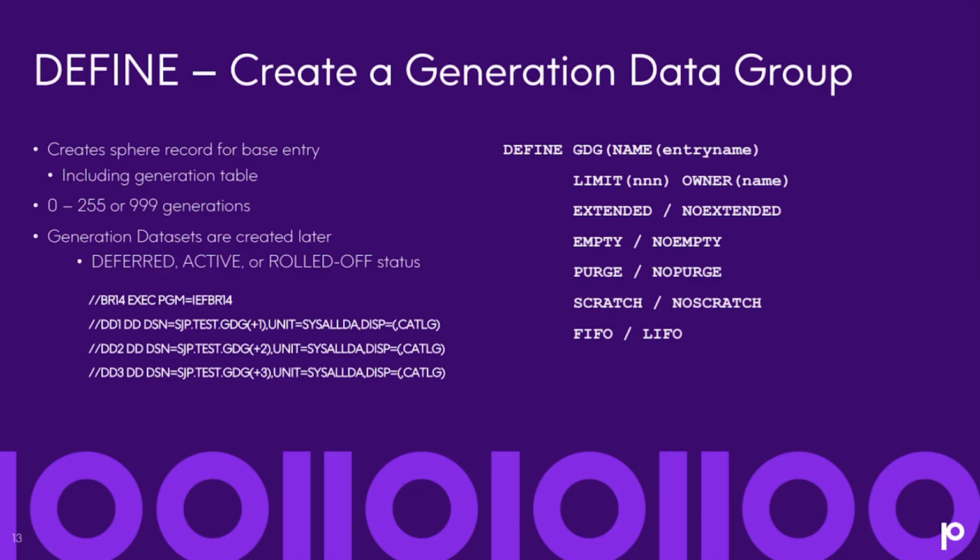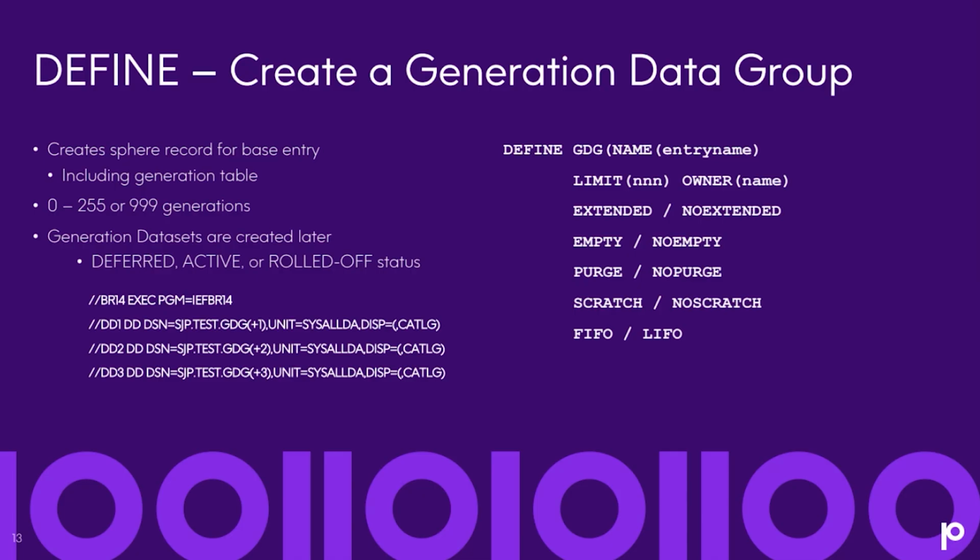We have to catalog the data set at the beginning of the step, but we really don't know how many generations we're going to create until the end of the step. So generation data sets initially get cataloged when they are created with a flag in the catalog entry that says it's deferred. I've created the generation data set, but it's not part of the generation table.